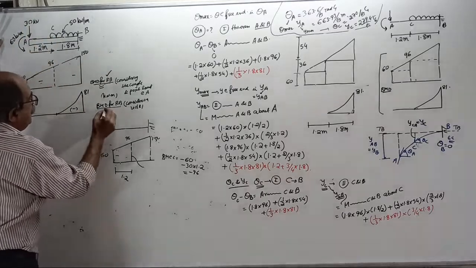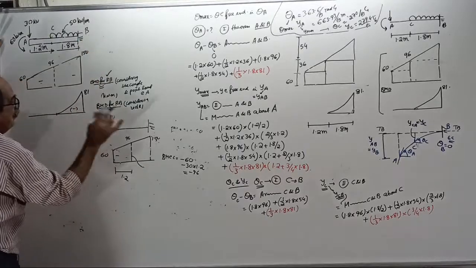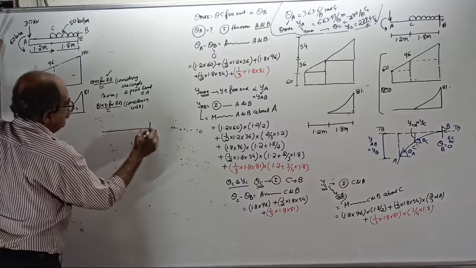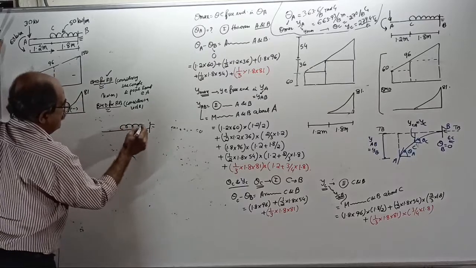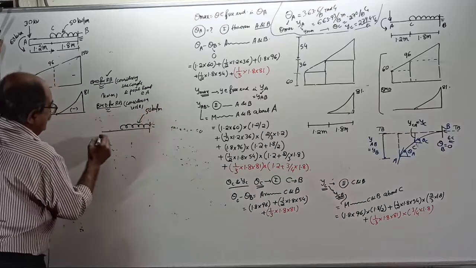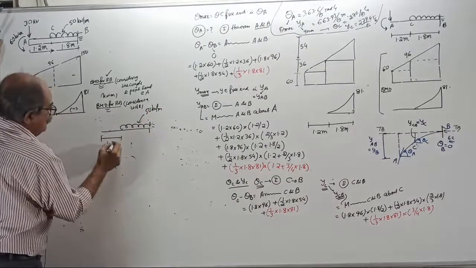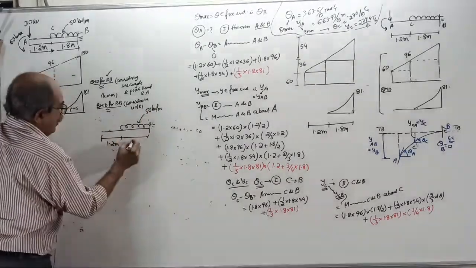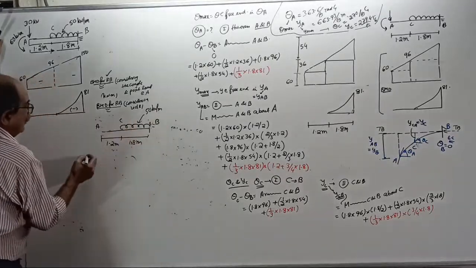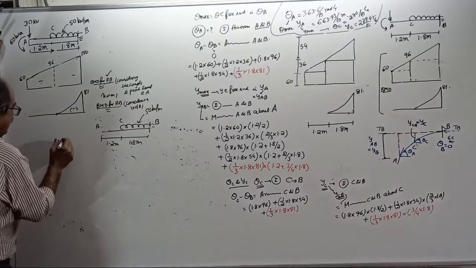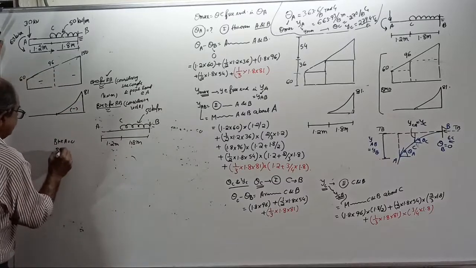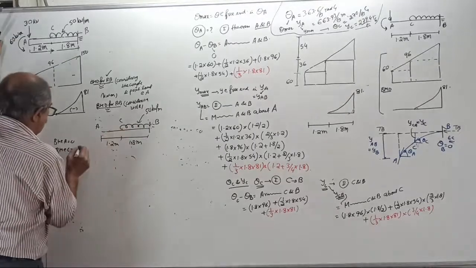Now the BMD for the real beam for UDL. I will write a separate sketch here. The UDL is 50 kilonewton per meter. This gap is 1.2 meter and this is 1.8 meter. This is A, this is B, this is C. Now BM at A equals 0. Looking from this side, BM at C also equals 0.